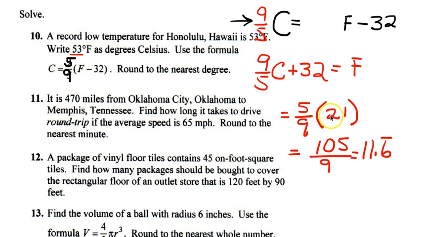So when we do the calculation, 5 times 21 is 105, divided by 9 is 11.6, and it repeats. But they want it rounded to the nearest degree, so again, rounding techniques are important here. So this would be 12 degrees. So 12 degrees Celsius is 53 degrees Fahrenheit. All right, we'll get set up to do the next one.